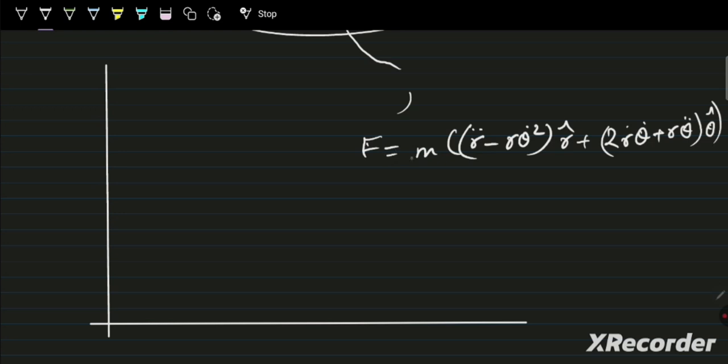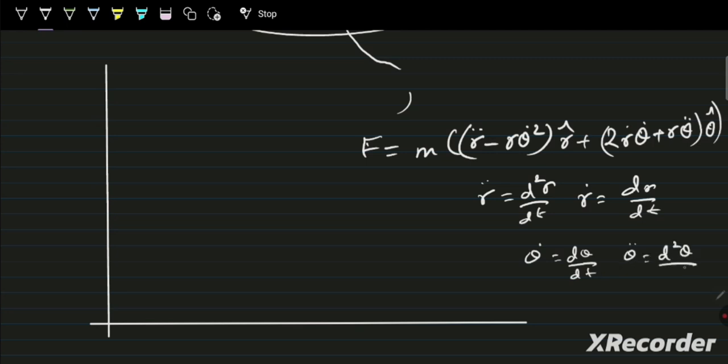So this is the equation of relation between force and acceleration of an object. One thing to note is that r double dot is d2r by dt2, r dot is dr by dt, theta dot is d theta by dt, and theta double dot is d2 theta by dt2. This is a thing to know before proceeding.